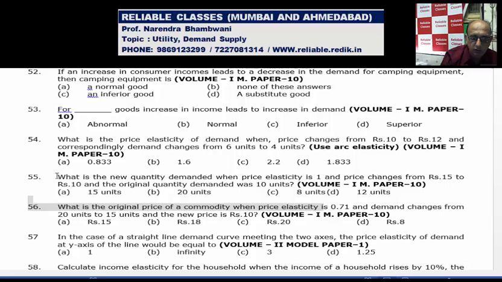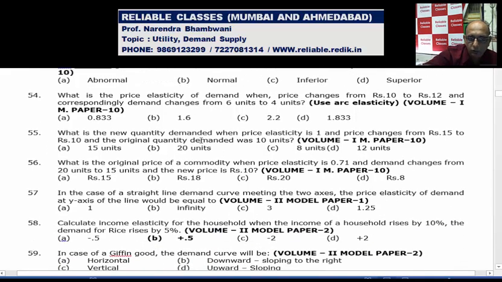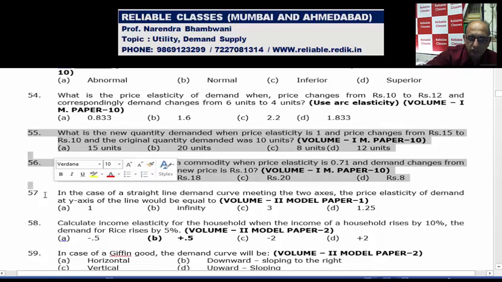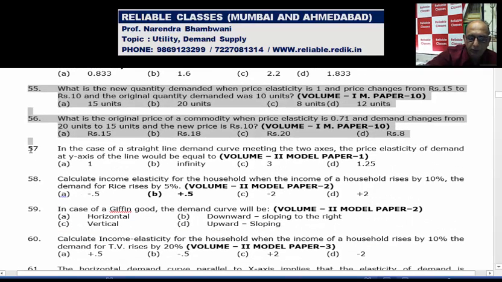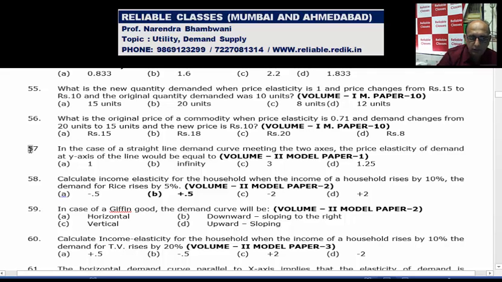We'll do it definitely, don't worry. This 56 we will do later on because elasticity is given. Here price elasticity is 1 and price changes from 15 to 20. These two sums we'll do later on. Here elasticity is given. These are all math sums.